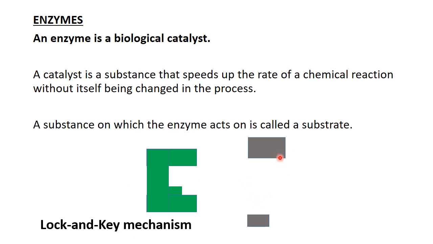The substrate has a shape that corresponds to the active site of the enzyme, so that when they act, the substrate will perfectly fit the active site of the enzyme. So this is how enzymes work. By the way, don't forget that at the end of the day, when the substrate is worked on, these are termed as products of this process here.